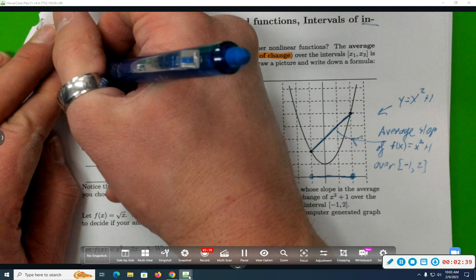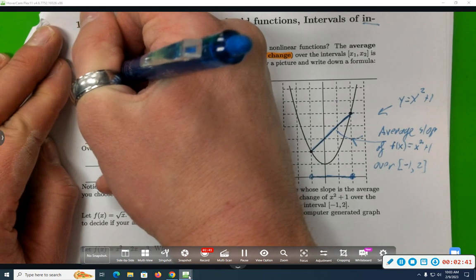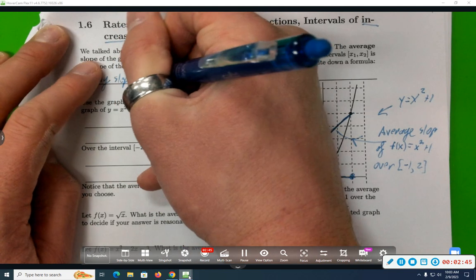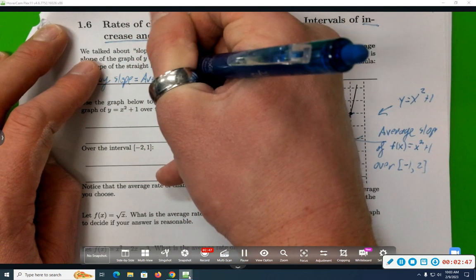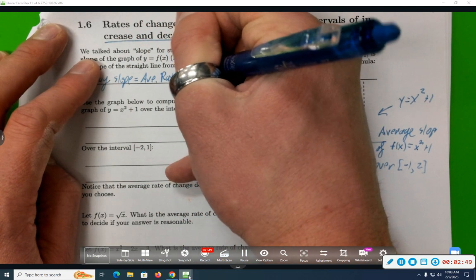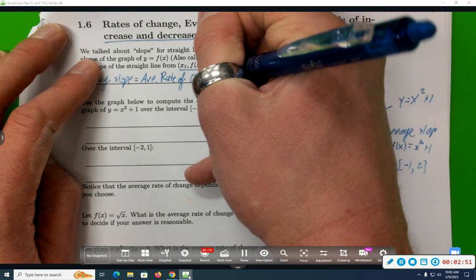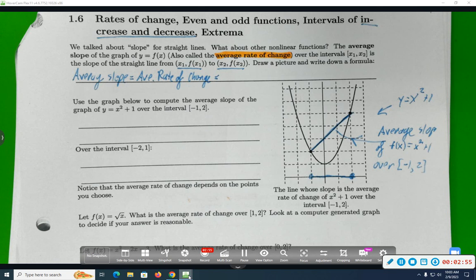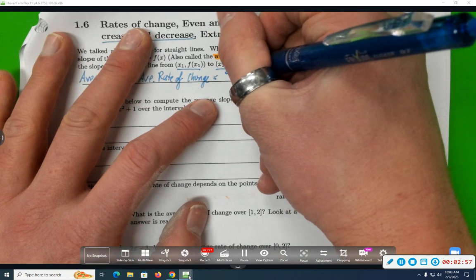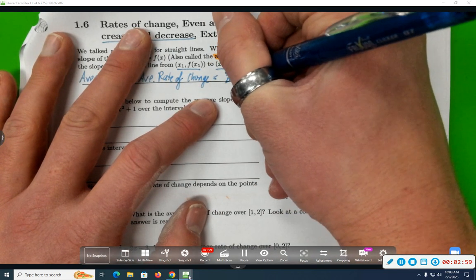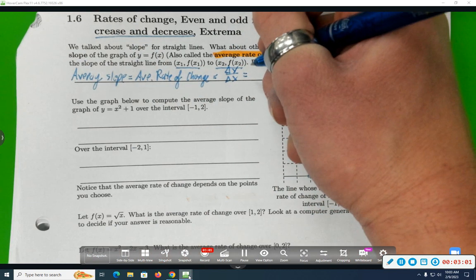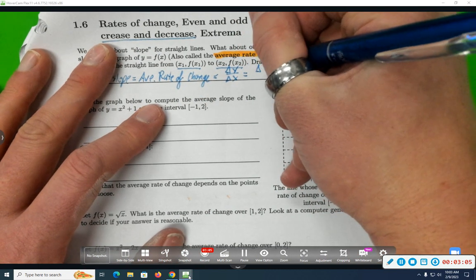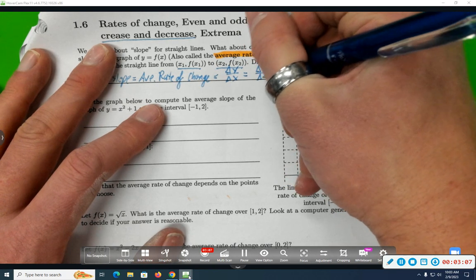So that means the average slope, also known as the average rate of change, is, well, it's a slope, so it should be like a change in y over change in x kind of thing. These y's are function values, and the function's called f. These should be things that look like the change in a function divided by change in x.